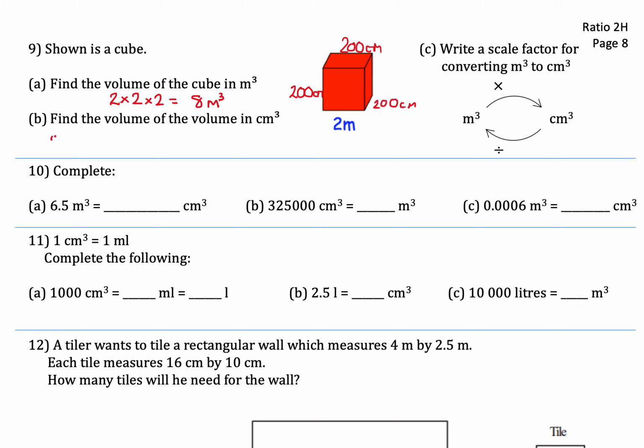And 200 cubed, or 200 times 200 times 200, will give us, so if we do the 2 times 2 times 2 first, that will give us 8, and then we've got 6 zeros to add on. So 8 million cubic centimeters.